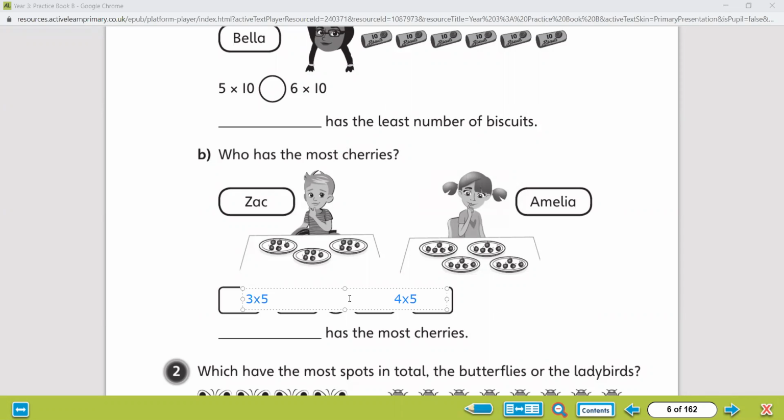Now to decide what goes in there, let's count in 5s. 5, 10, 15. Zach's got 15 cherries. Amelia, 5, 10, 15, 20. Amelia's got 20 cherries. 3 times 5 is smaller than 4 times 5.